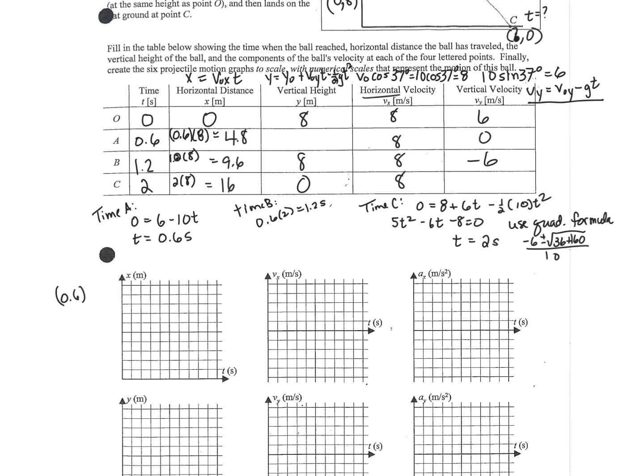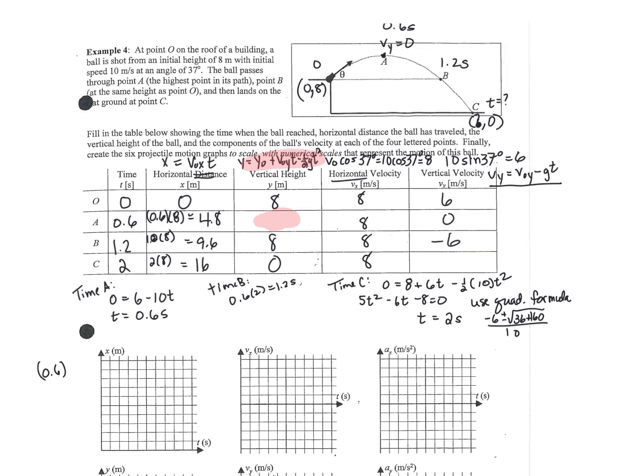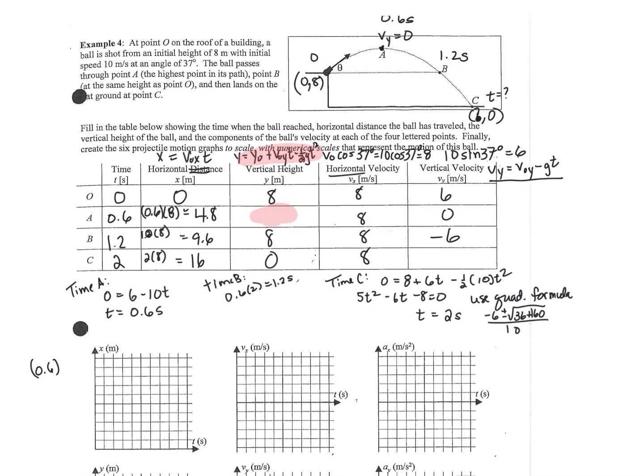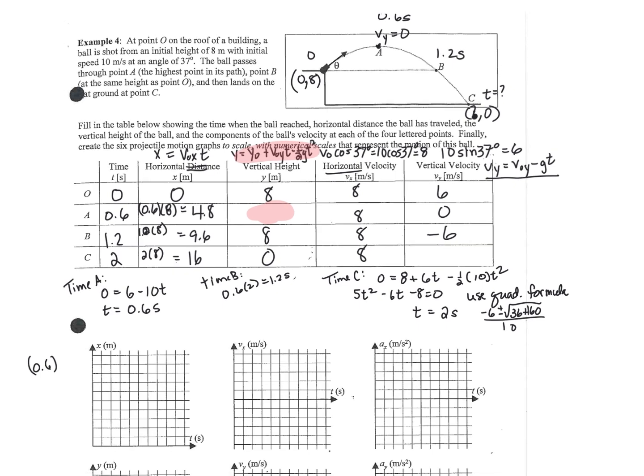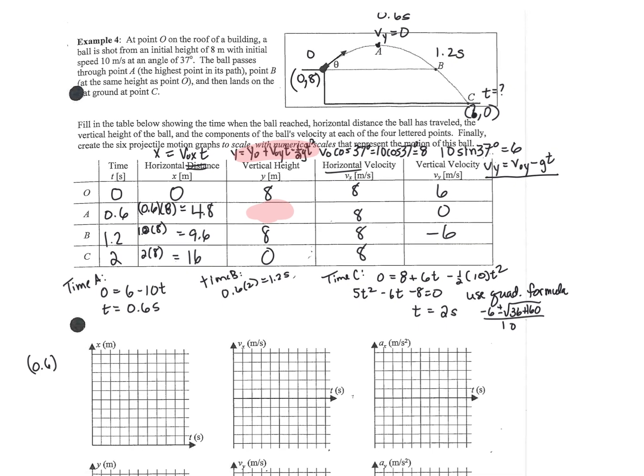And if you're wondering where this comes from, I'm using this formula right here. All right. So now the next formula I'm going to use is this formula right here. Okay. So that's going to be what? Y initial, well, Y initial was at 8. Y final we don't know.